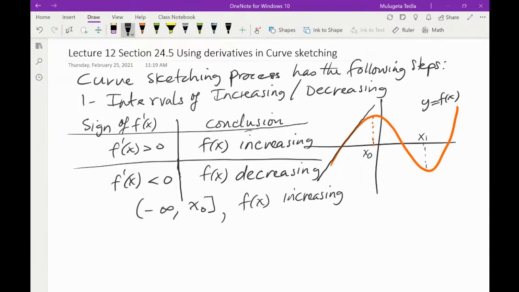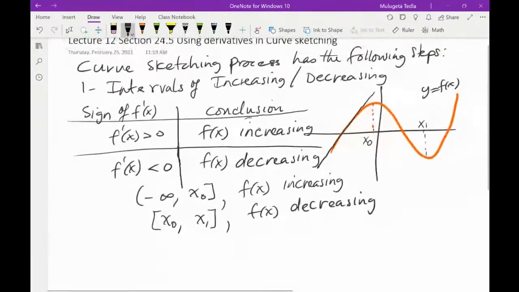From x0 up to x1, as you can see, the tangent line to that curve is falling. It's negative. So f of x is decreasing. But if f of x is increasing, then the derivative must be positive.